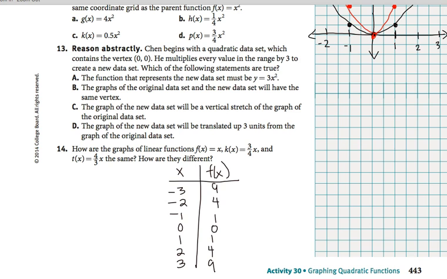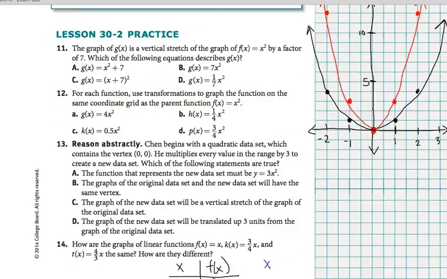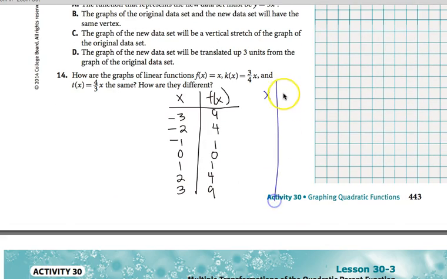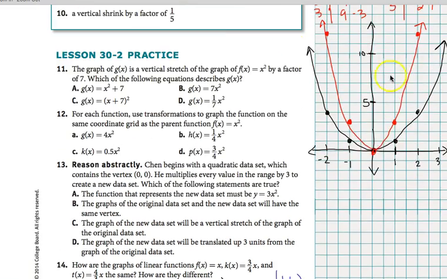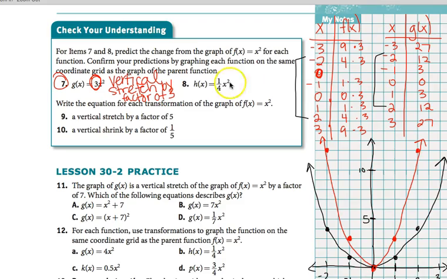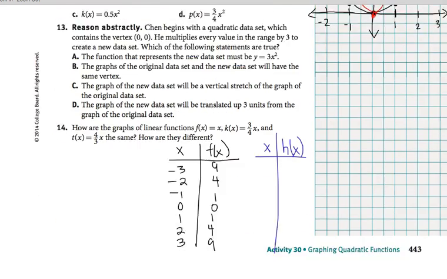And then I guess I'll use blue this time for, is it h of x? Yes, x and h of x, which h of x is 1/4 times x squared.